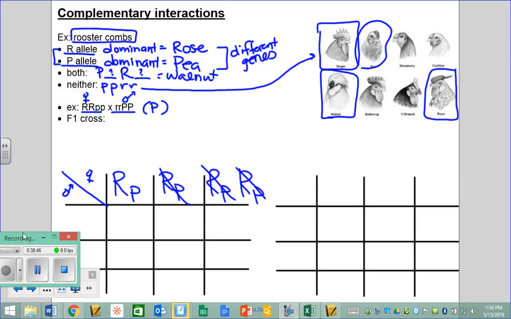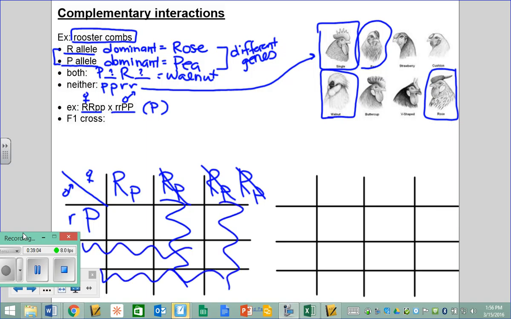The male parent is the same scenario. He can only produce a gamete that has a small r, because that's all he has, with an uppercase P. That means that I don't need anything in my Punnett square except for the very first box.